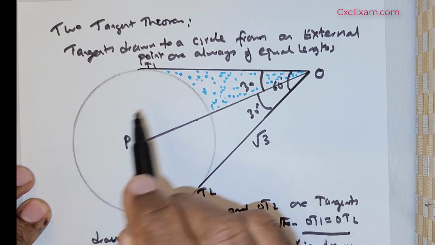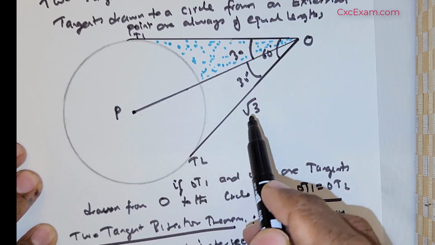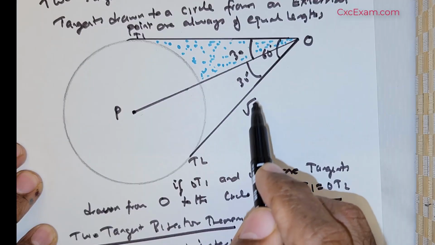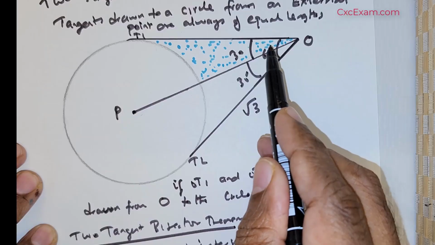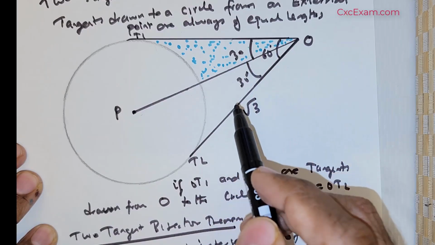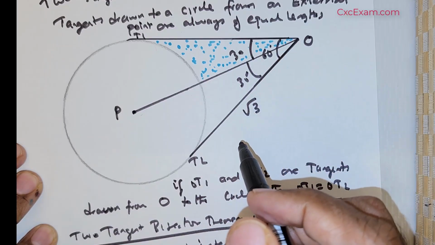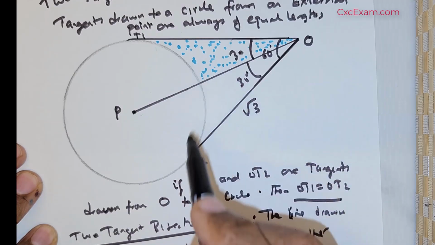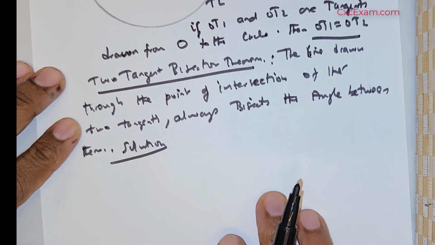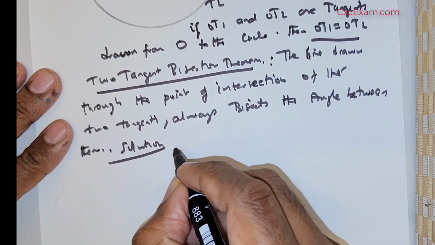The requirement is the circle is given, OT1, OT2 is given. OT2 is root of 3. The bisector OP bisects the angle 60 as 30, 30. Of course, we all studied this theorem. Now the requirement is to get the shaded region. So let us get that.